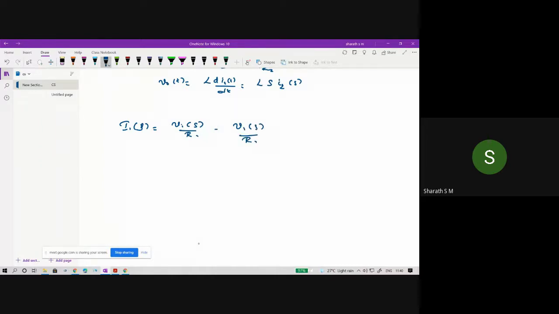What about the second one, V1 of S? What is the equation for V1 of S?